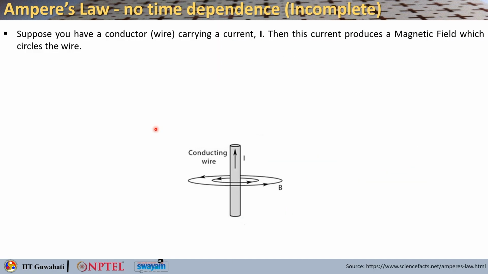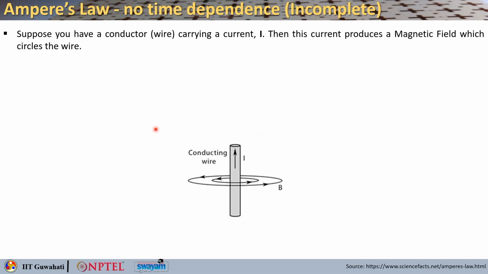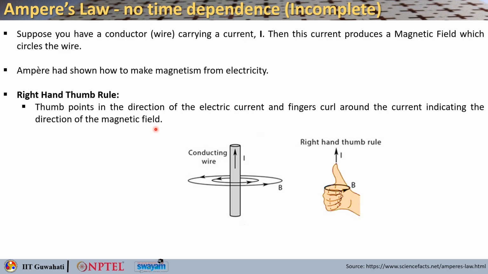Now, we move on to the last law in Maxwell's equations. Before Maxwell put them together, all these laws were known independently. The world actually knew the first half of this particular equation, and it was known as Ampere's law.